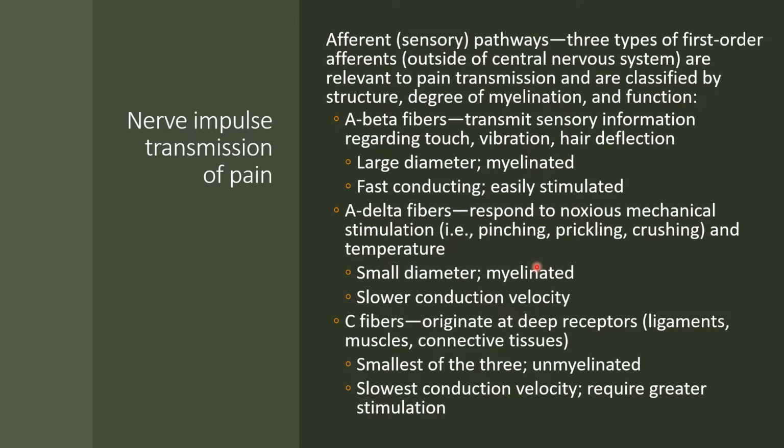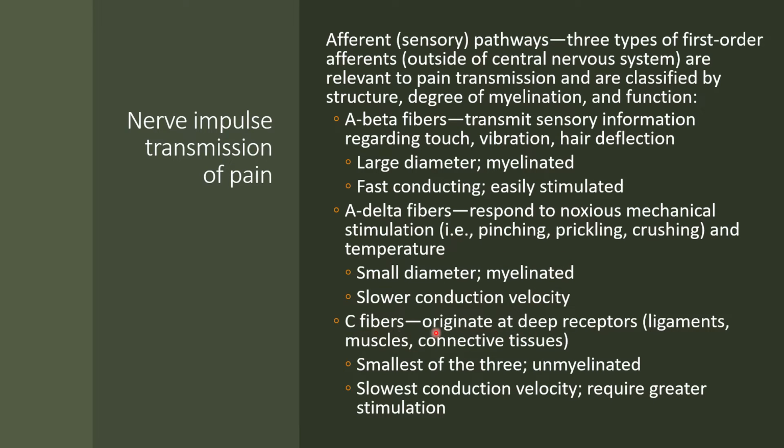As we will see, the bigger the fiber, the faster it transmits its signal, as well as, if you remember back from your anatomy and physiology days, the myelination actually allows for the signal to jump, and so it goes faster down the axon. So we'll see myelinated also increases the speed.